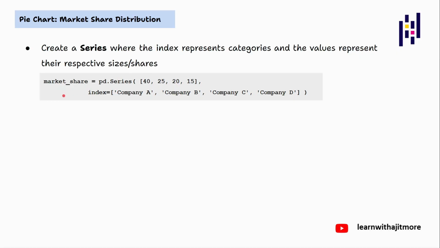Example C, I've created a series where I'm showing how much total sale is done by all the four companies. One person XYZ has four companies, and he wants to find out how much total revenue he made this year from his four companies. So A has done 40 billion, then 25 billion, 20 billion, 15 billion.